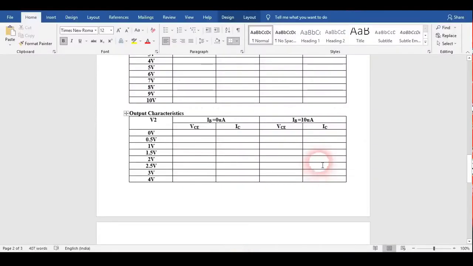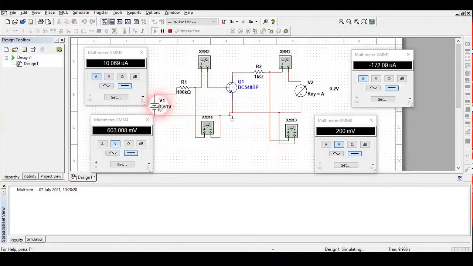Remember, my first observation would be when IB was firstly 10 microampere, at the initial time, when this value was around 1.56 or 1.57 volt, and at 0 volt here I have got some value of current. So my first observation would be that only. My second observation would be this. At 0.2 volt, this current is here and you can see the voltage here.